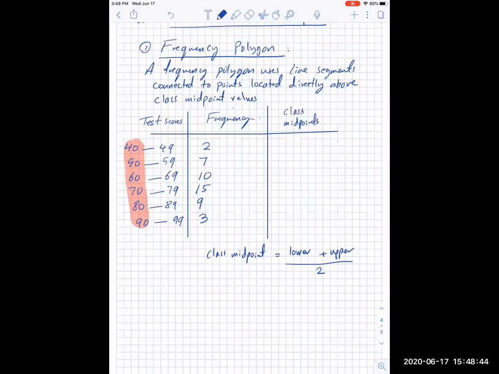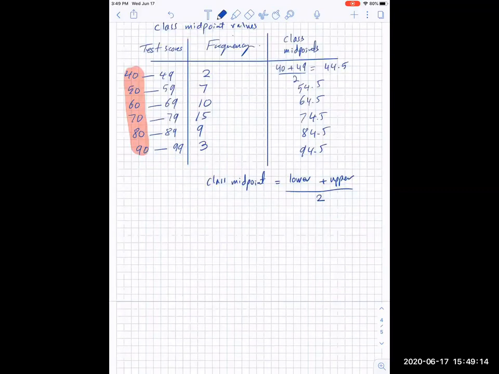So 40 plus 49 over 2 is equal to 44.5. The next one is 54.5, 64.5, 74.5, 84.5, 94.5. These are my class midpoints.